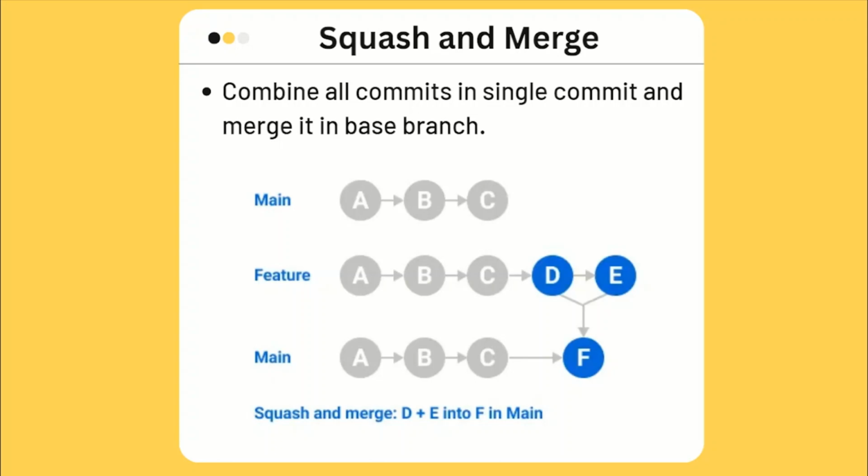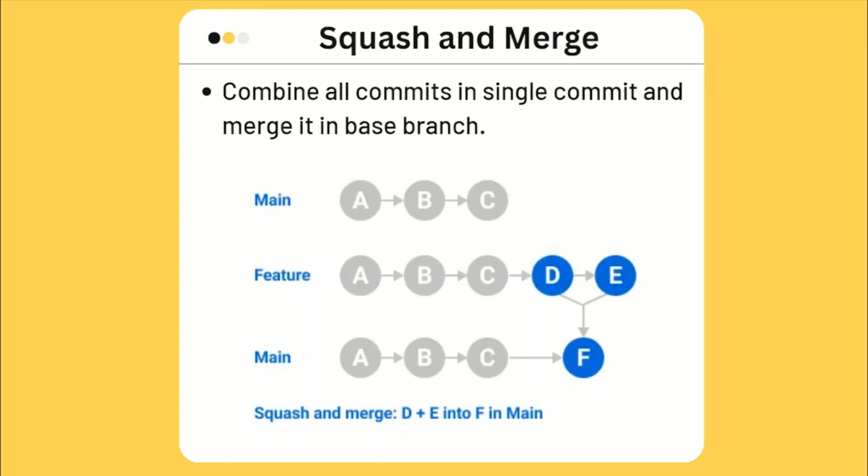Suppose you have created one login functionality, and you work on that login functionality for 3 days, and daily you committed your code to the cloud server. After that, you want only a single commit on the develop branch, then you can use this option, squash and merge.